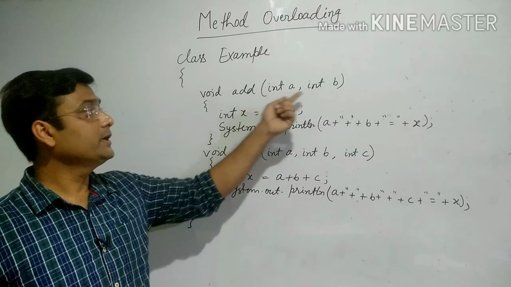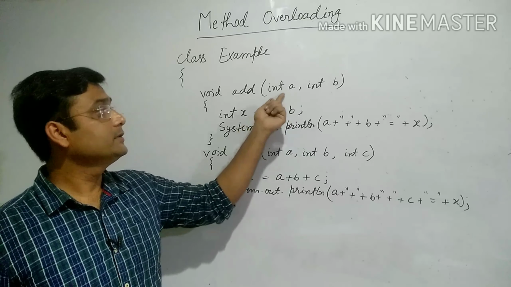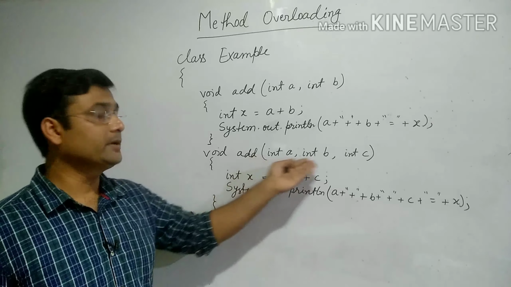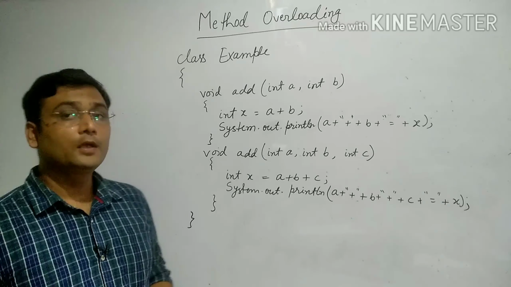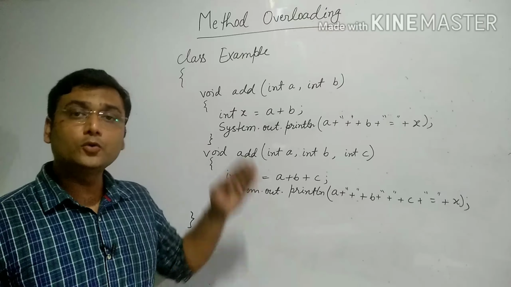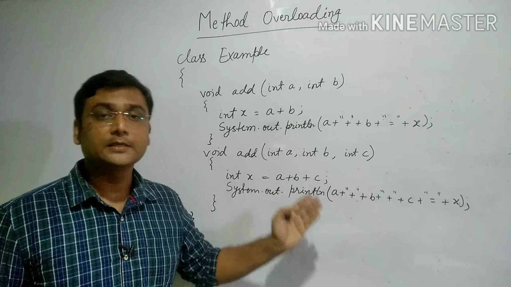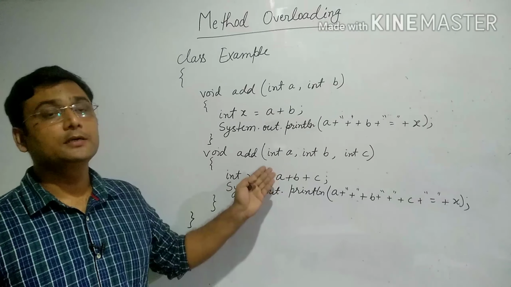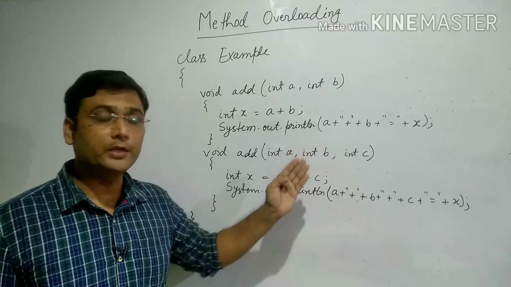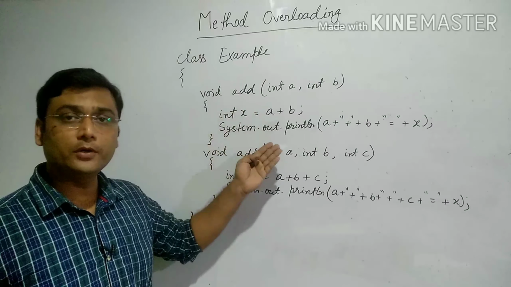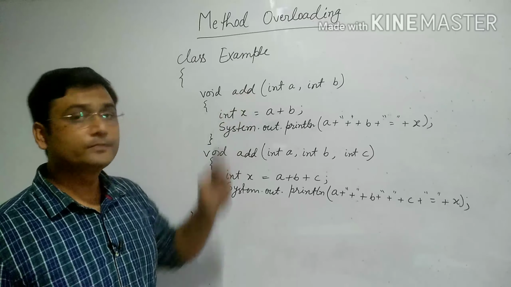In the first it will add these two parameters, and in the other it will add these three parameters. Whenever we see two methods with the same name but different parameters, we can tell it is the concept of method overloading. Here we are overloading method add.